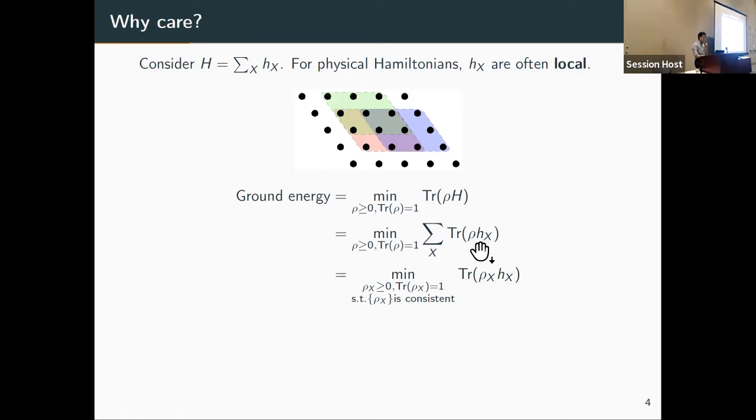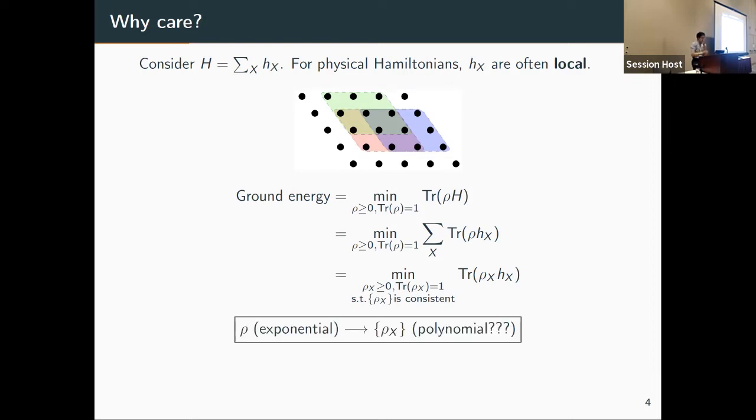So when it comes to the expectation values, you can just use the marginal density matrices. If you can somehow characterize the set of marginal density matrices which are compatible with some global quantum state, it seems like you might be able to use this for performing an efficient calculation of the ground state energy. It's a hope. It doesn't quite work, but at least that's the hope at the outset.